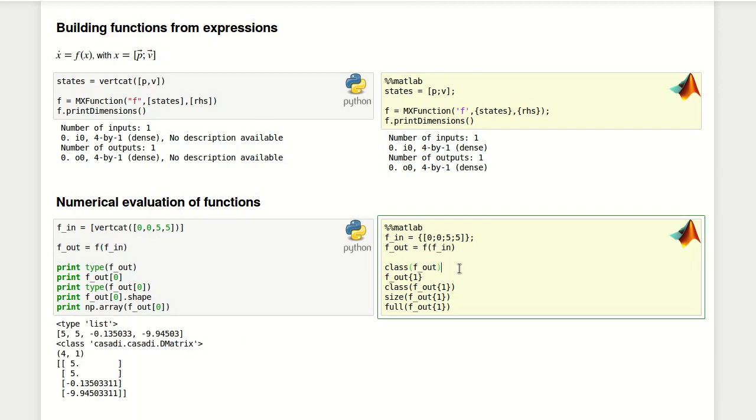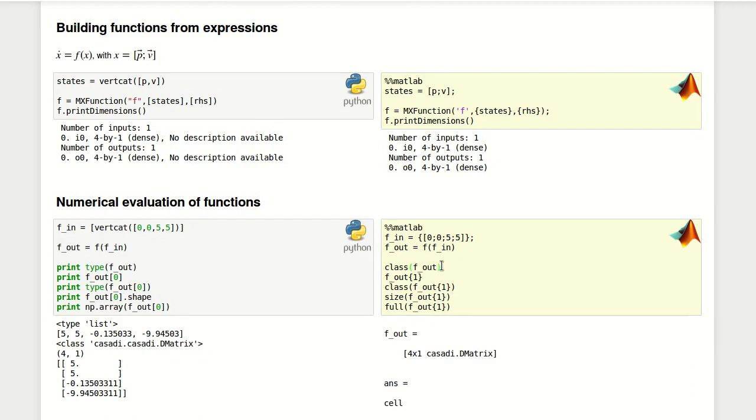So when we do the evaluation, the output is again a list in Python. You can query the first element of the list and you get the numbers there. So this printout that you see here is really a DM matrix under the hood. You can always convert it to a NumPy array if you want.